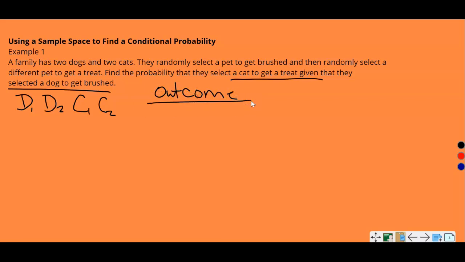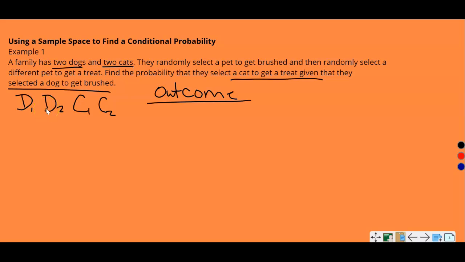So let's see, what could we have? So if we make a table, we want to just organize our information. So we want to select a cat given the dog gets a treat. So let's say we start with D1 and D2, that represents our 2 dogs.